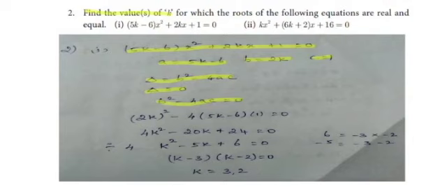With the same procedure, we substitute the a, b, c values in the discriminant.